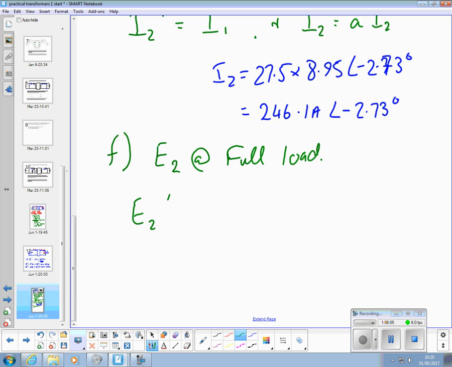E2 dash is equal to I1 times ZL dash. That's 8.95, angle minus 2.73 degrees, times 1210, angle nothing, because that's a resistor.